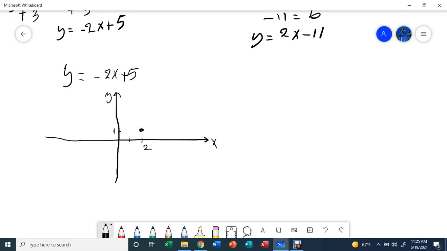The second point is (1, 3). So that's 1, 2, and 3. That's the second point, (1, 3). And now you can connect the points.